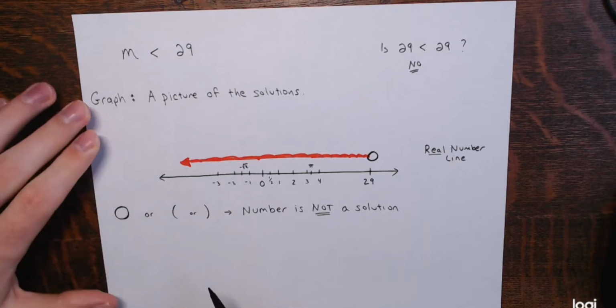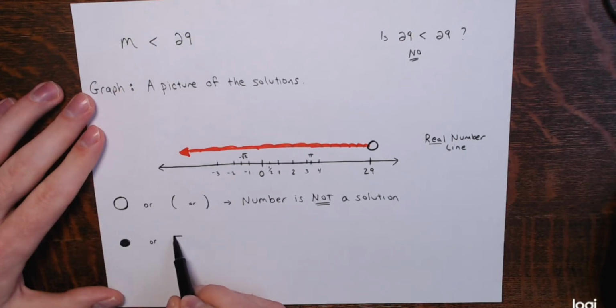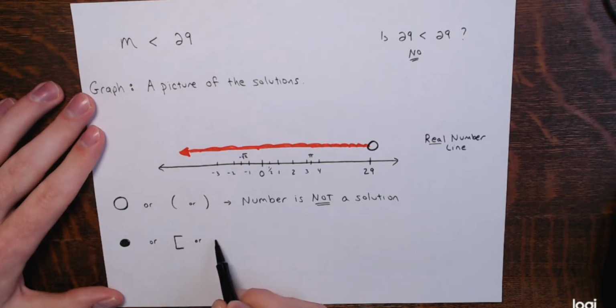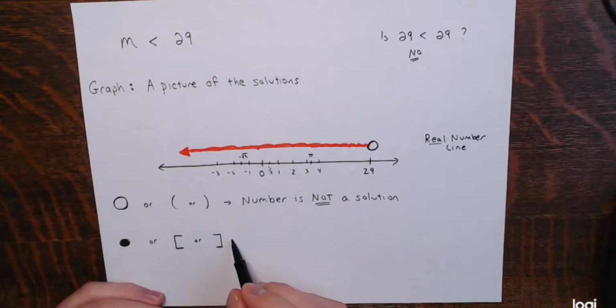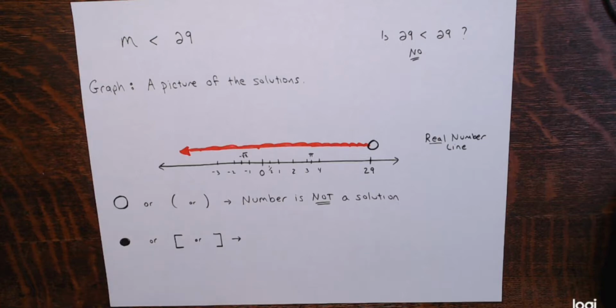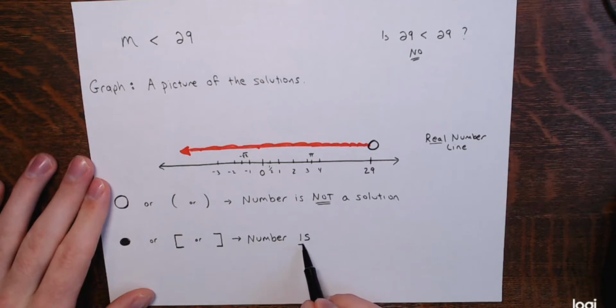And you'll see other graphs where they put a solid point above a number or a bracket, like a rectangular bracket, either opening to the right or opening to the left like this, one of these. If you see stuff like this in a graph above a number, that means that that number is a solution. It does make the statement true.